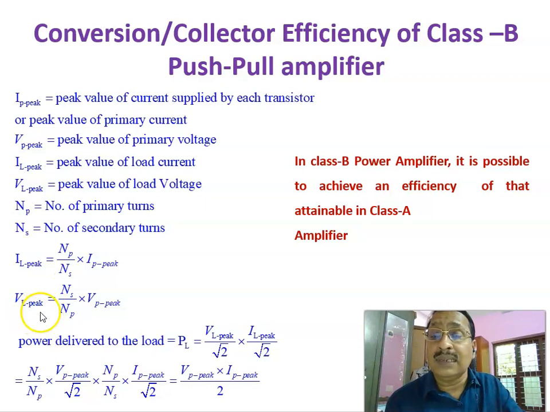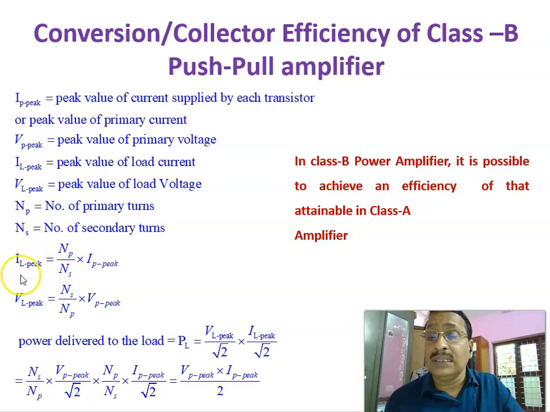Similarly, VL peak is equal to VP peak into NS divided by NP. Here VP peak is the peak value of the primary voltage and IP peak is the peak value of the primary current.